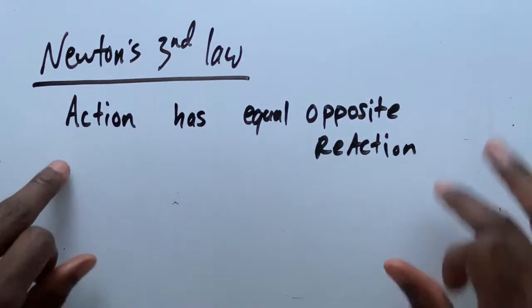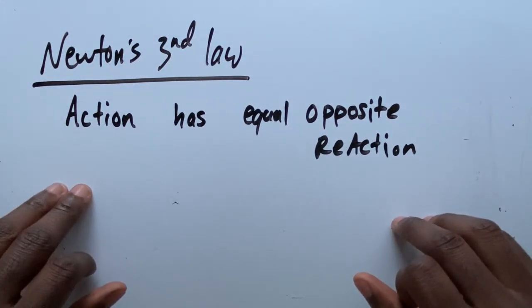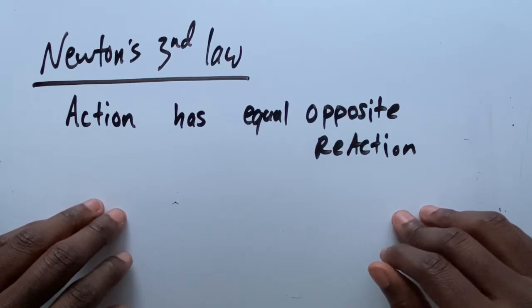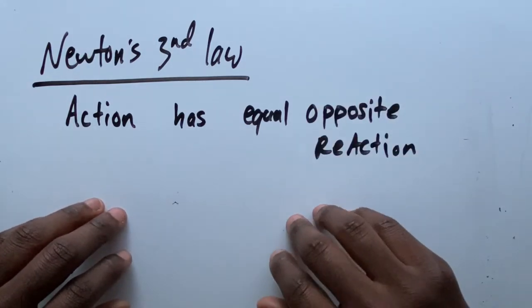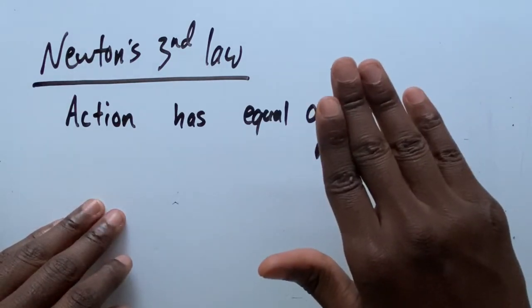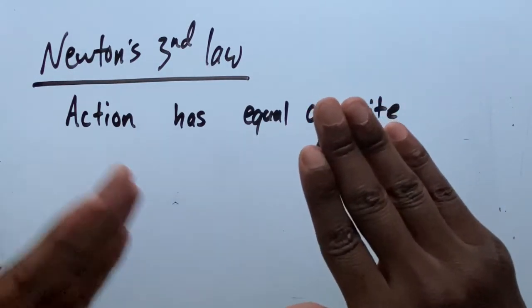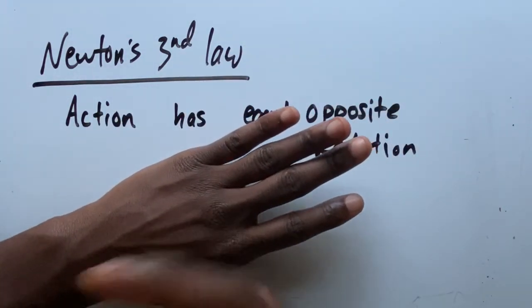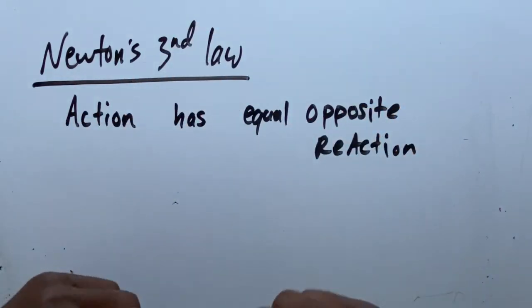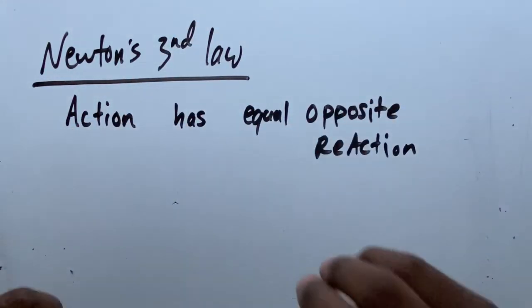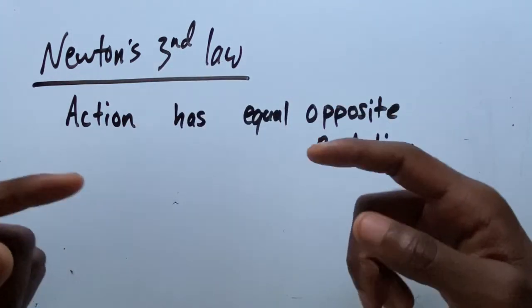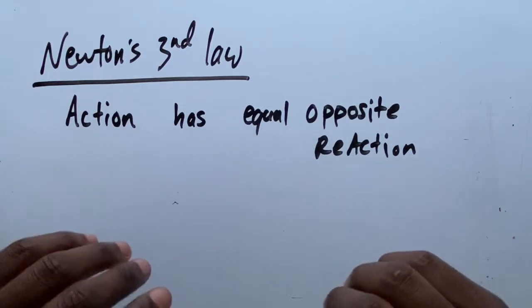Well, in order to explain this a little better, let's think of forces as interactions, right? So let's say you reach out and touch somebody. Well, you can't necessarily touch somebody without them touching you back, so to say. Or I guess a better example would be if you push on a wall, basically the wall is going to push back on you because the wall isn't going anywhere.